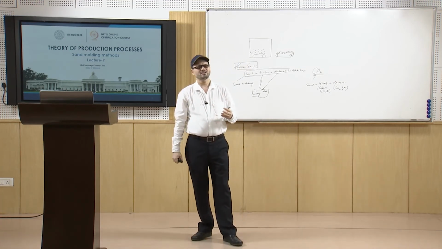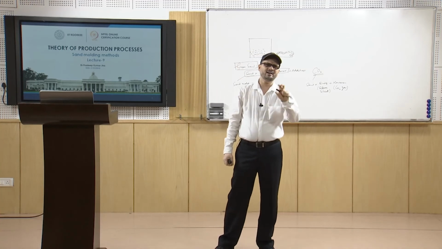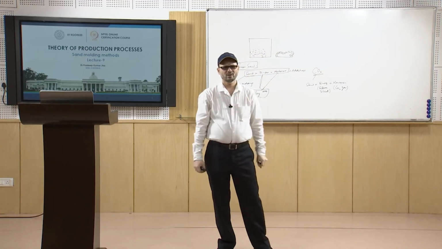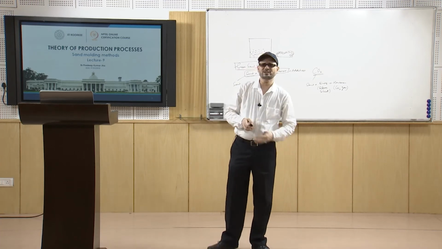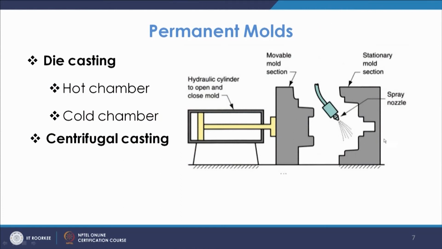In die casting you apply the pressure, so the metal is fed into the cavity under pressure. As you see here, first of all you put some spray before putting the liquid metal in, so that the metal does not stick and it is ready for getting poured.